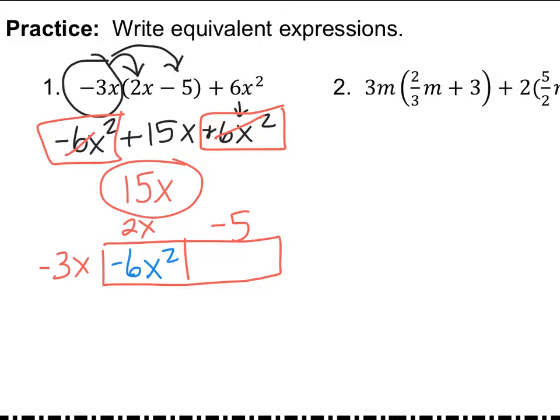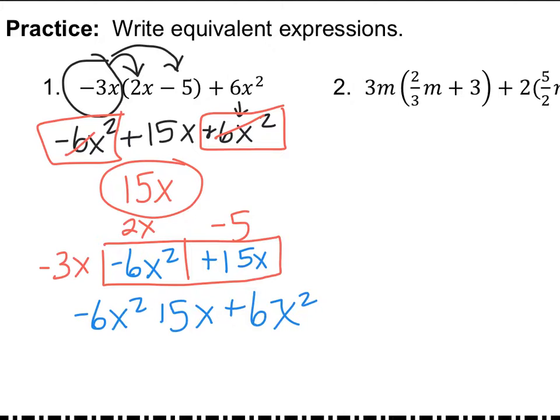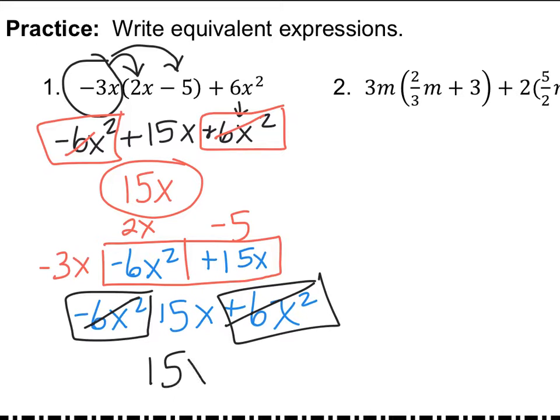And negative 3x times negative 5 is plus 15x. So we would bring that down, negative 6x squared, plus 15x, plus 6x squared. So we're back to the same position. We've got two like terms, and we cancel them out, and our answer is 15x.